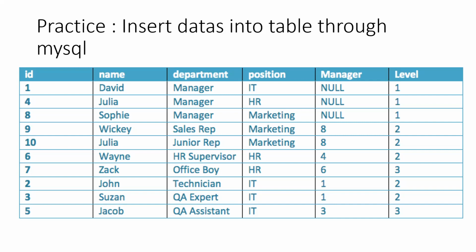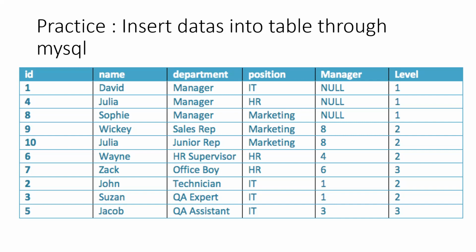But in the manager column, there are 3 records that are null. Null is nothing but you have not inserted any value on that attribute, so it will come as null. The remaining records come as valued records.